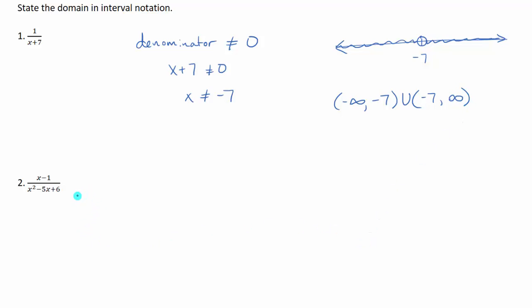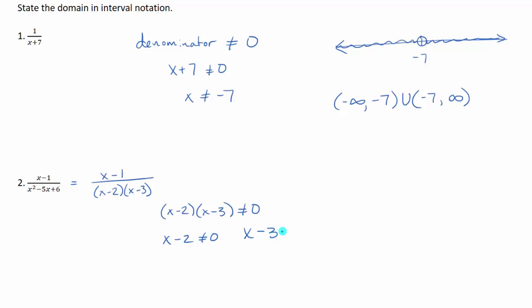On the next problem, I have another denominator where I have an x. So I'm going to have to, first off, factor that denominator. Okay, I have x minus 2 and x minus 3 in the denominator. And I know, again, my denominator cannot equal 0. So that means that x minus 2 and x minus 3 cannot equal 0. So x minus 2 cannot equal 0.